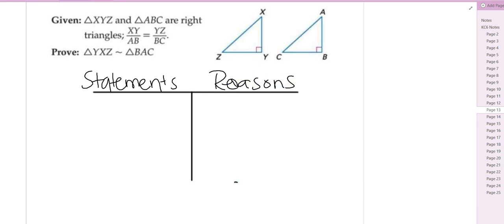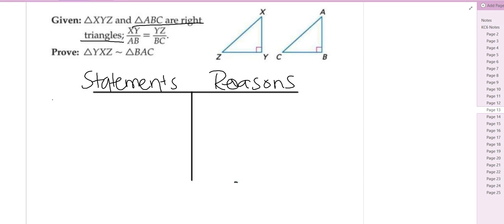The first thing you always start off is your given information. So the fact that they told us we have our angle Y and angle B are right angles, because it tells you right here that this is a right triangle, right?